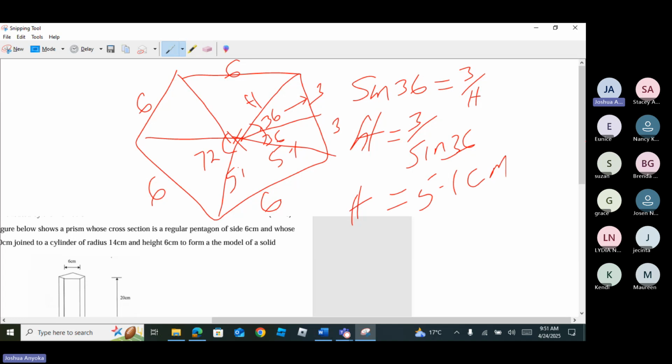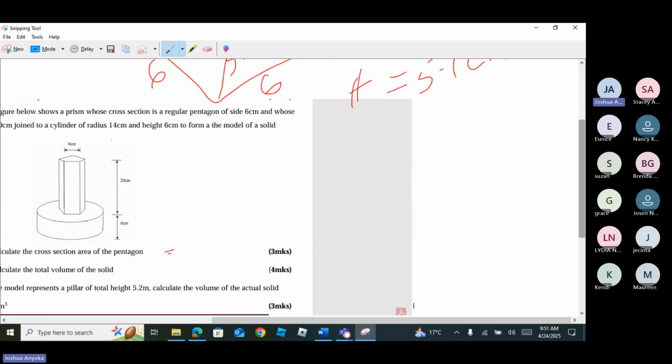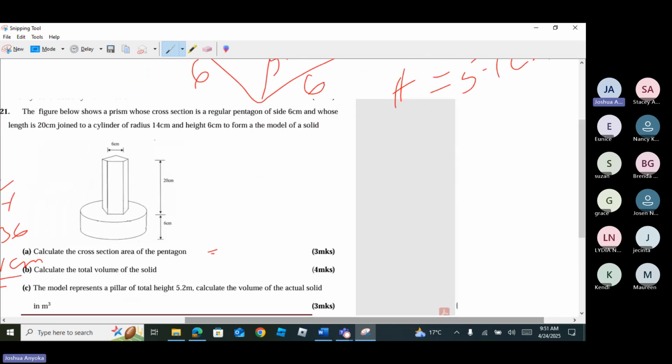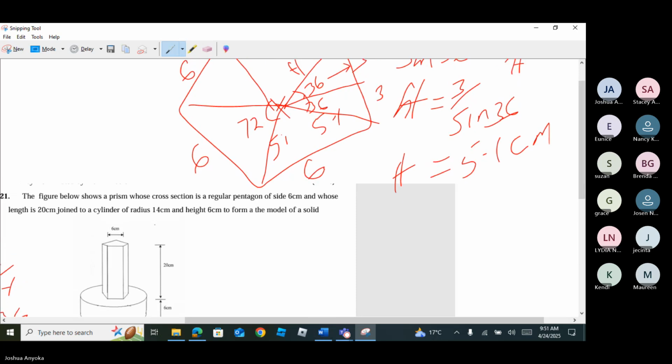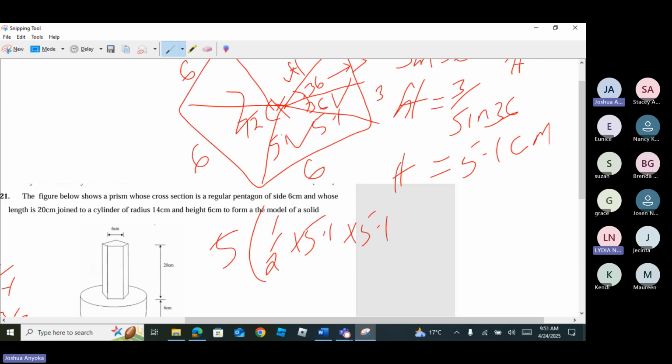So the area of the pentagon equals 5, because we have 5 triangles, 1, 2, 3, 4, 5, times the area of one triangle, which is half ab sine theta, so half times 5.1 times 5.1 times sine 72. Our angle here is 72.